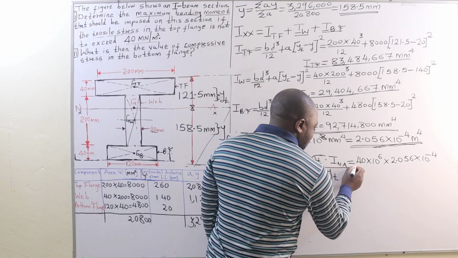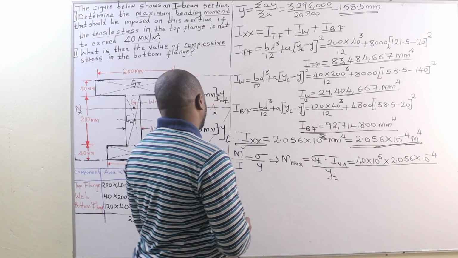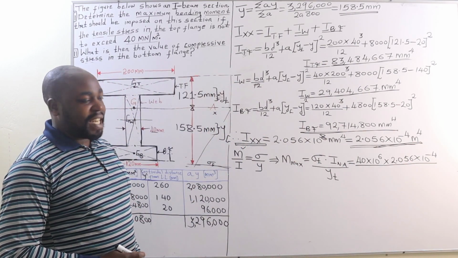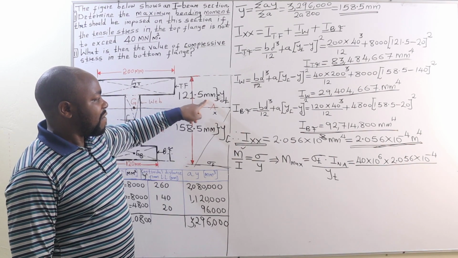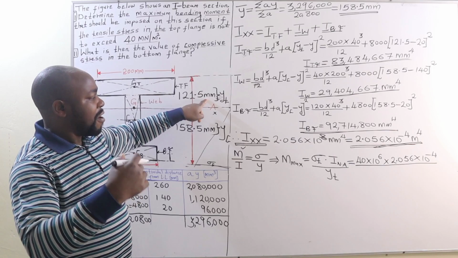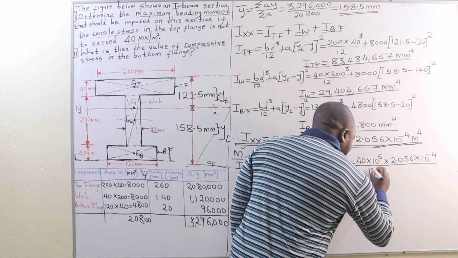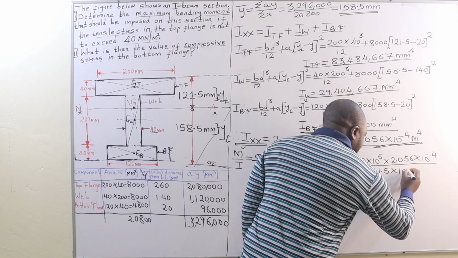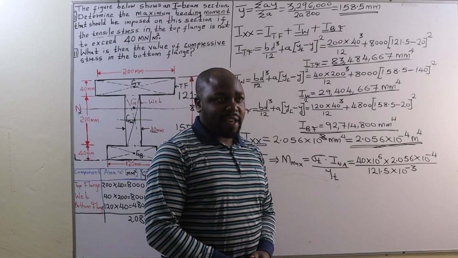Then we divide this by YT, that is the section subjected to tensile stress, and we are going to convert 121.5 millimeters to meters. So that is going to be 121.5 times 10 raised to the power of -3.